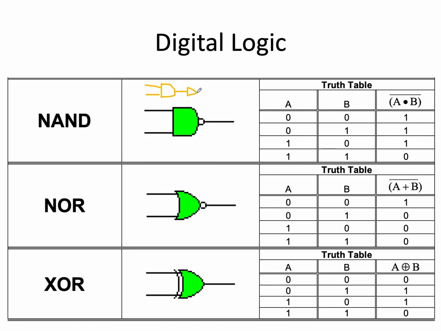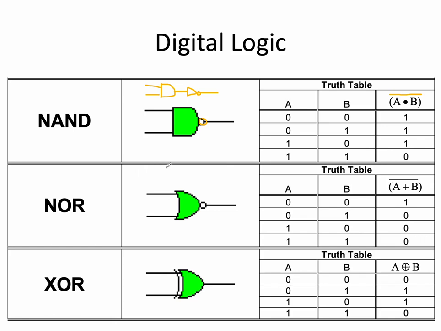But because that's too much work, they simply draw it with an AND gate with a little O on the end here to represent the NOT gate. A NAND gate is just like an AND gate, but exactly the opposite output. We invert the output. So normally an AND gate only gave you a true output if both inputs were true. In this case now it only gives you a false if both inputs are true.